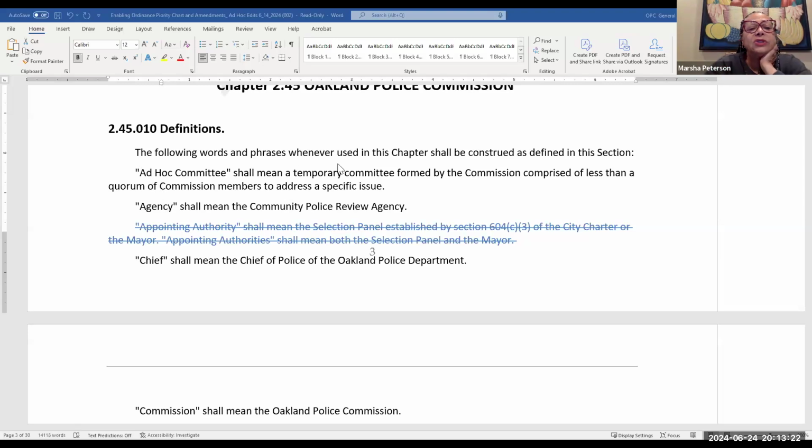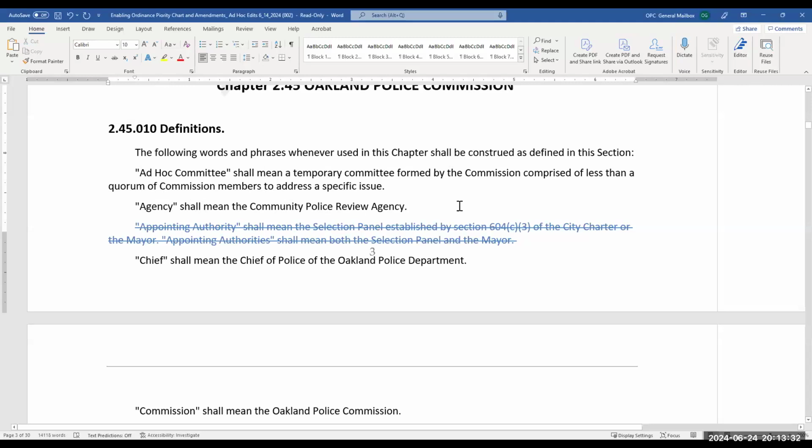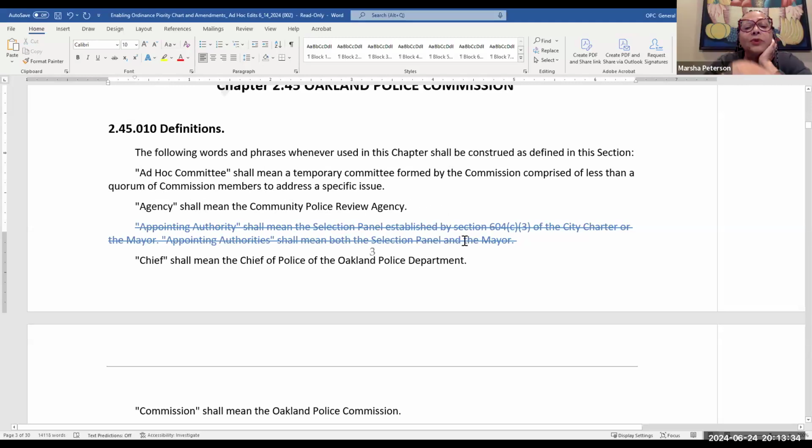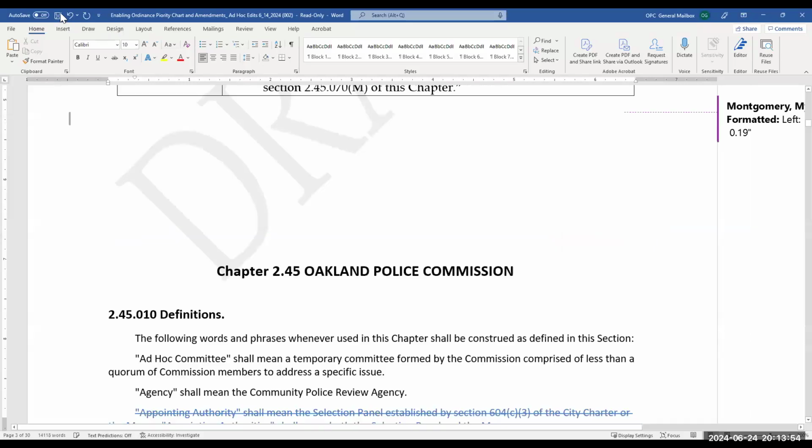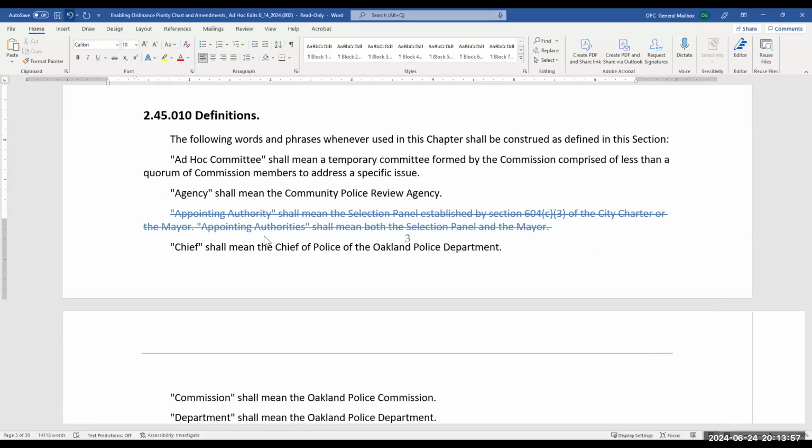Right after agency shall mean, we should put appointing authority shall mean. Oh, we want to keep this. We just want to keep what they've lined out. Exactly. So how do we indicate to them that we want to keep this? Can we make a comment and then refer to the section that Rashida mentioned, where appointing authority appears? So when they see it, they'll know there's a reference somewhere else in the document and you shouldn't delete this language.